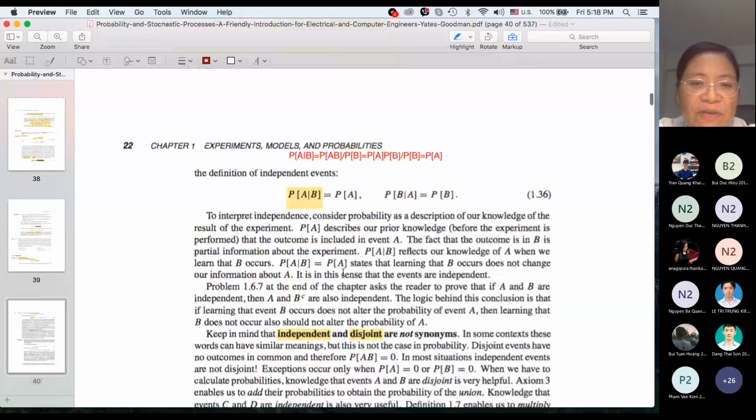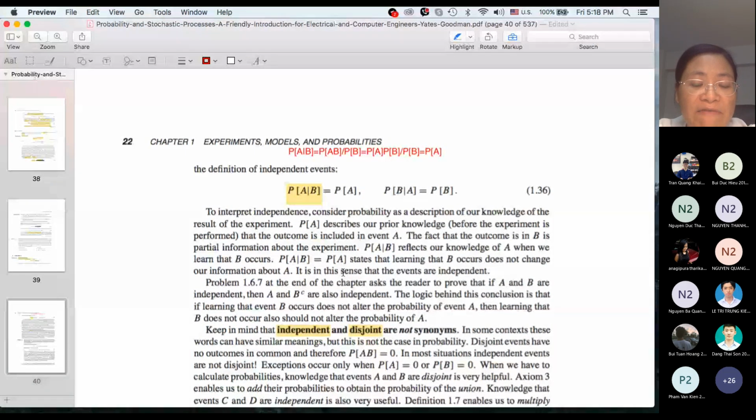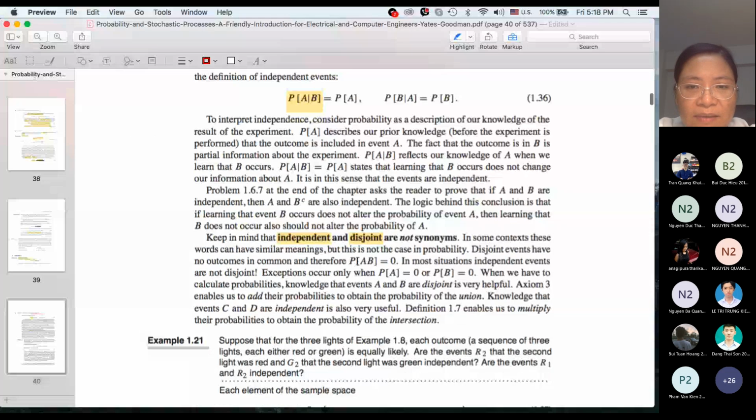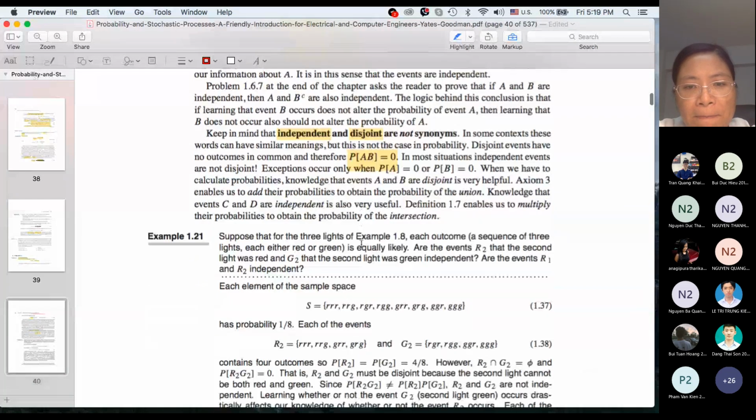So they are different definitions. Disjoint: probability of AB equals 0. Independent: probability of A and B equals probability of A times probability of B. So don't confuse the two definitions as the same. Okay.